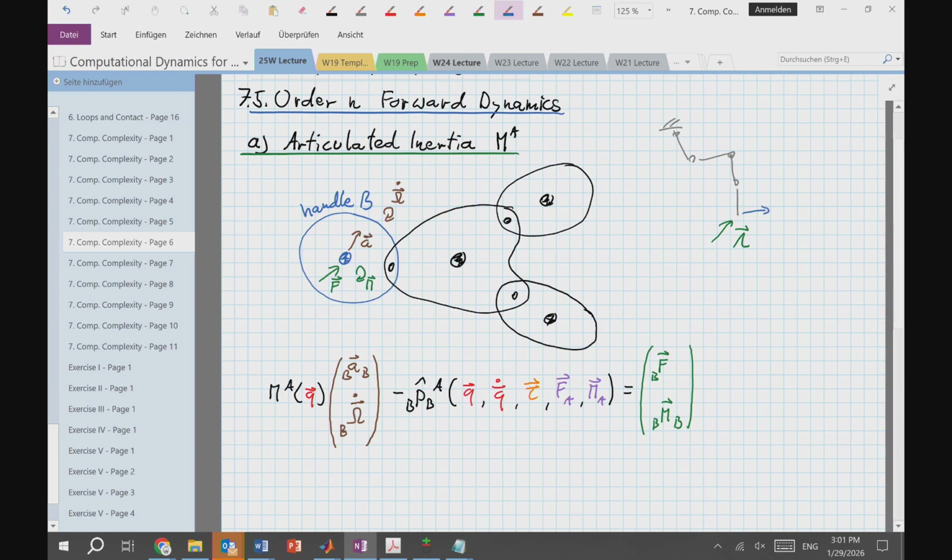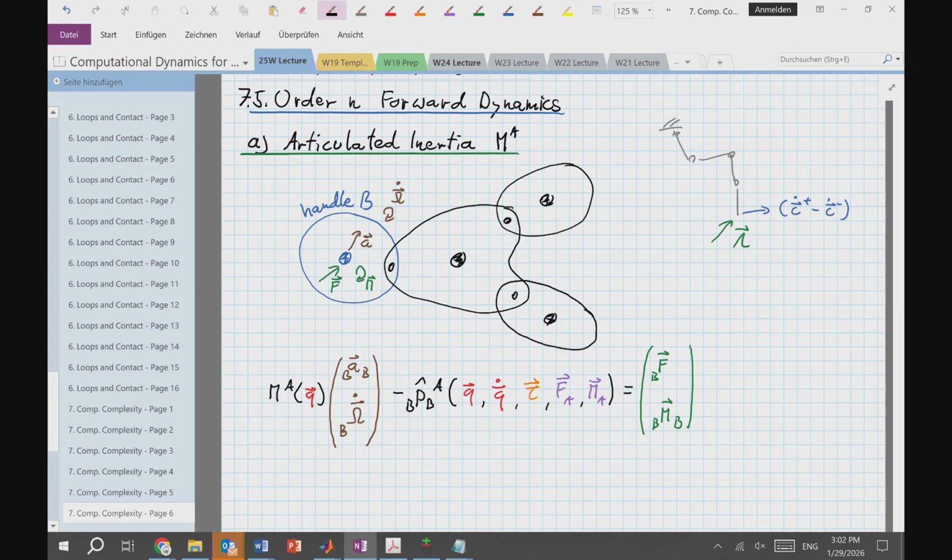And that created an acceleration, or in the integrated form, a jump in the velocities in the same space, right? So I applied a lambda in contact space, and I got a change in velocities in the contact space. And the relationship between these two quantities is purely linear, right? We had this contact space mass matrix that got multiplied with the change in velocity, so the integrated accelerations, and then gave us an integrated force.